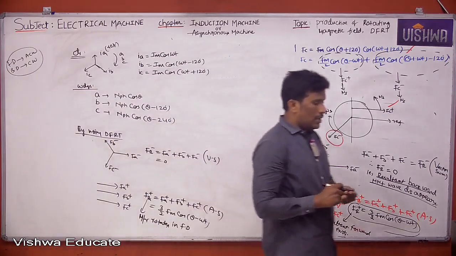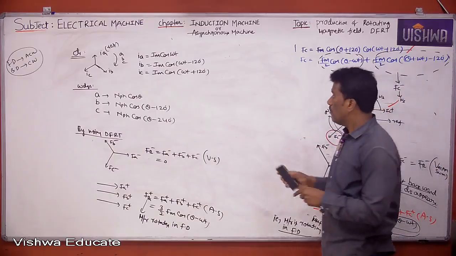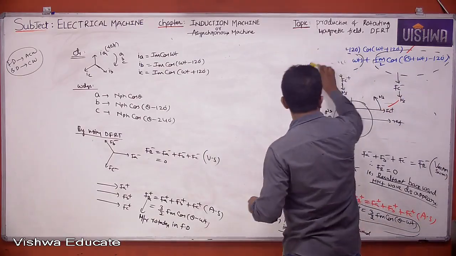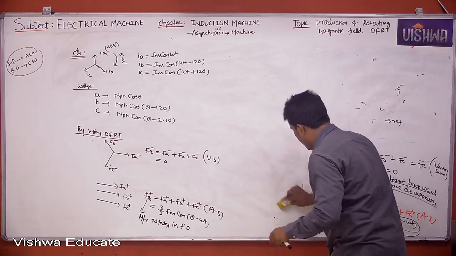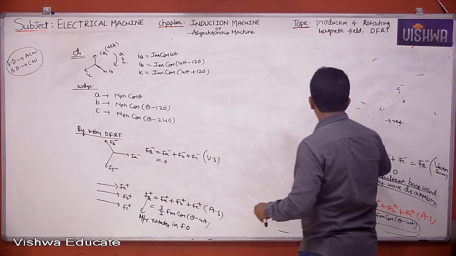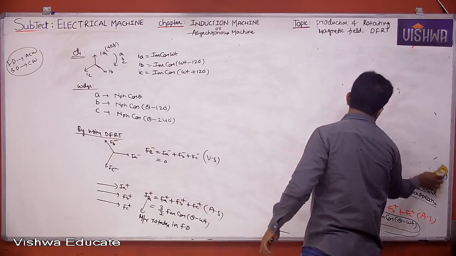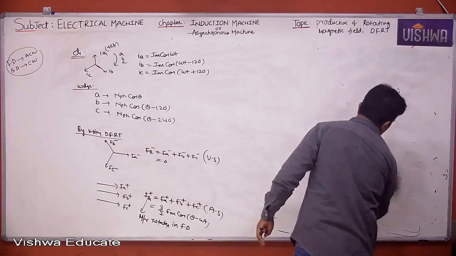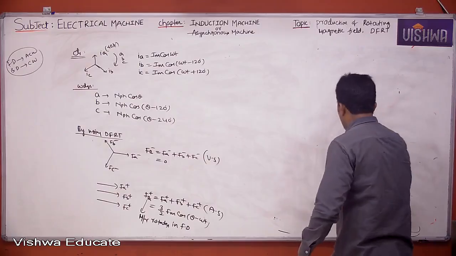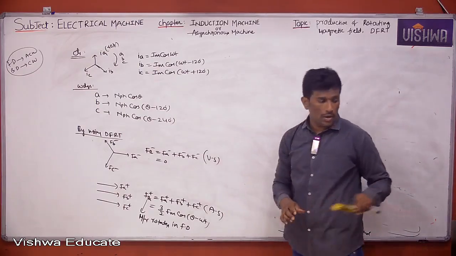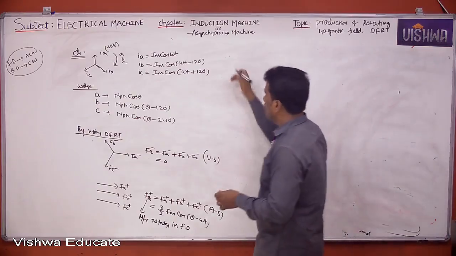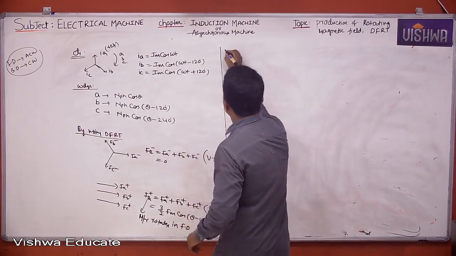Now here let me make some important point, which is very important from the examination point of view. How can you change the direction of an induction motor? If you want to change the rotation of an induction motor, what do you have to do? This is very important. Okay, just let me write here. This is an important note.